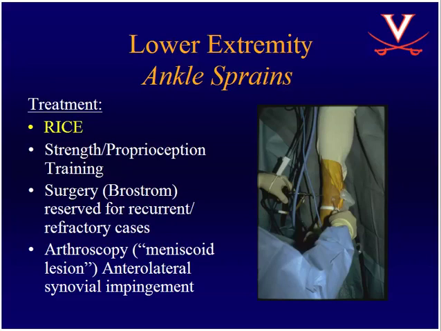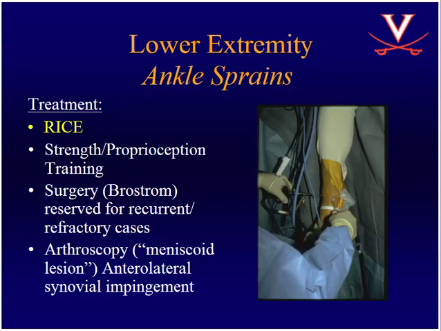Ankle sprains, treatment: rest, ice, compression, elevation, strength and proprioception training, only surgery after extended non-operative management with strengthening and bracing. And then the surgery most people recommend is an anatomic reconstruction, which is a Brostrom operation, which basically involves an imbrication of the tissue or advancement of the tissue.